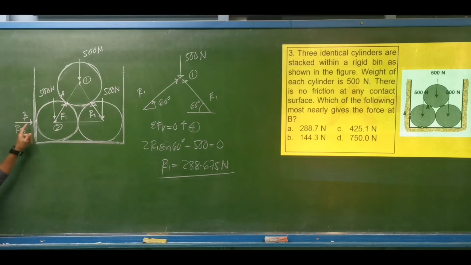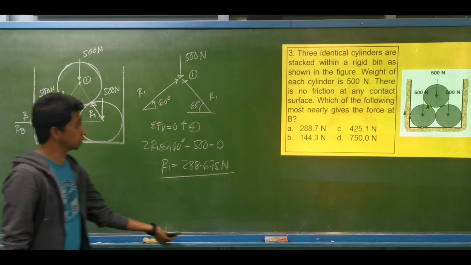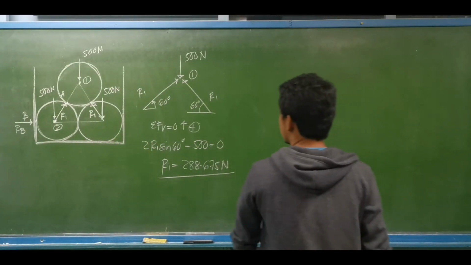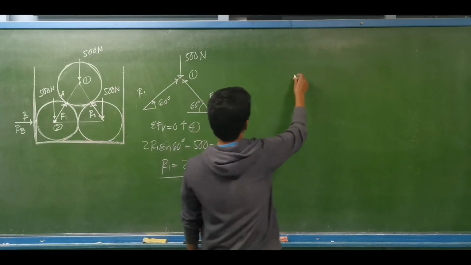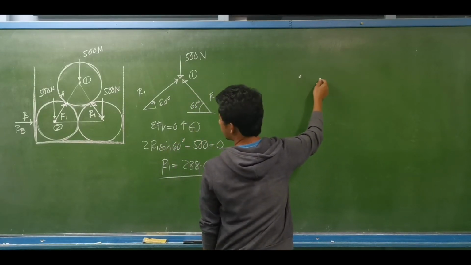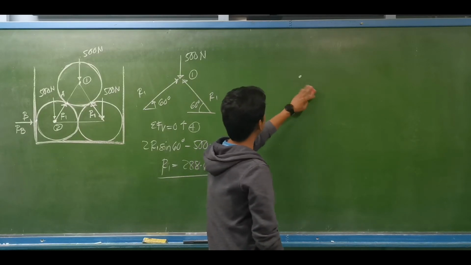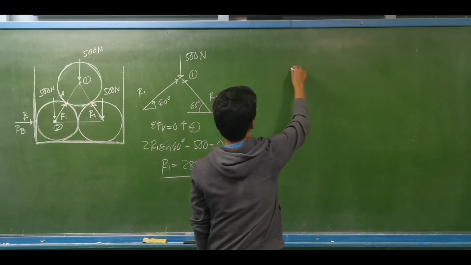How do we compute for the reaction at B? We may proceed at this joint, point number 2. At point number 2, let us do the free body diagram. What are the forces acting at point number 2?